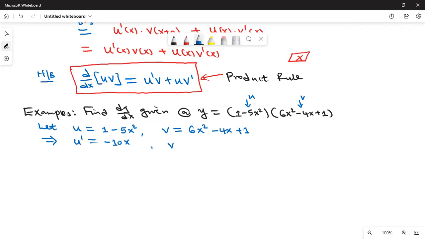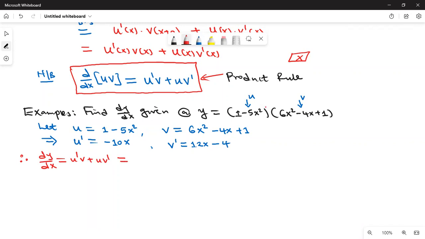And then v prime should give us 12x minus 4, using the power rule. So therefore, come back to the product rule, dy over dx is the same as u prime v plus u v prime.